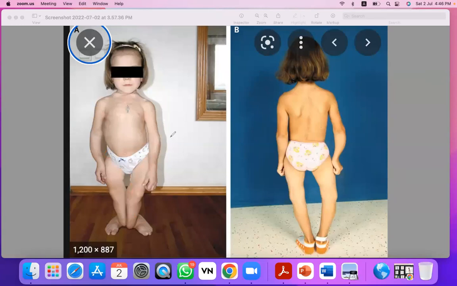The true leg length discrepancy is from the anterior superior iliac spine to the tibial tuberosity. This one is the tibial tuberosity, right? From the anterior superior iliac spine to the tibial tuberosity, then from the tibial tuberosity to the medial malleolus.